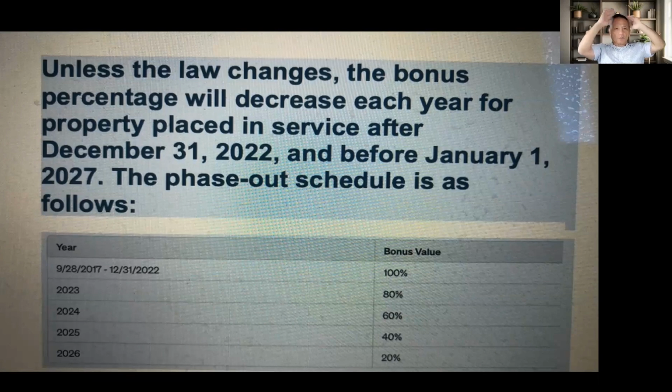Typically, it depends on which cost segregation firm you hire. Some will charge you an average of $1,000. It depends on the price of your property. You have to justify the cost benefit analysis.